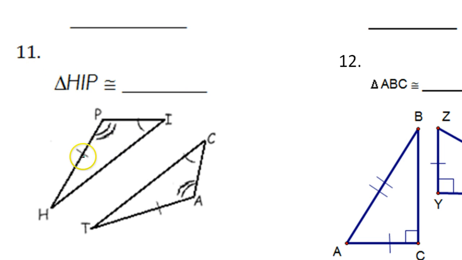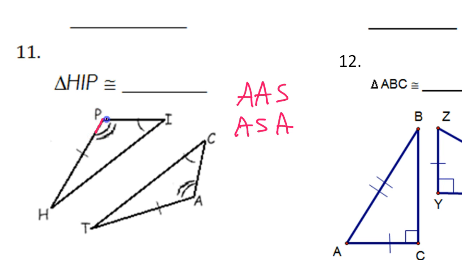Okay, for number 11, we have two angles and a side. That could be angle, angle, side, or is it angle, side, angle? Both of these involve two angles and a side, so which is it? Well, if it's going to be angle, side, angle, it has to be two angles and the included side. In other words, two angles and the side between them. So let's see if that's what we have.